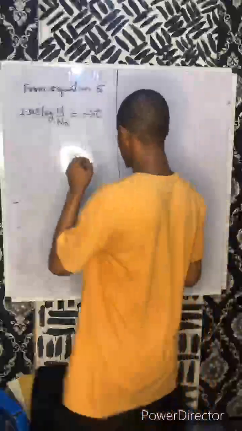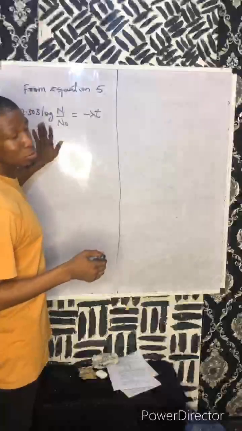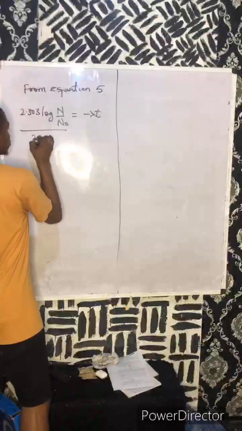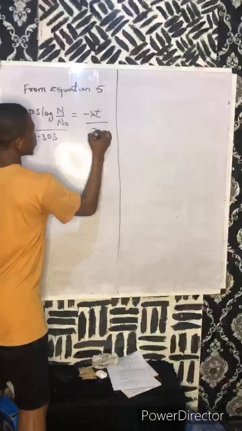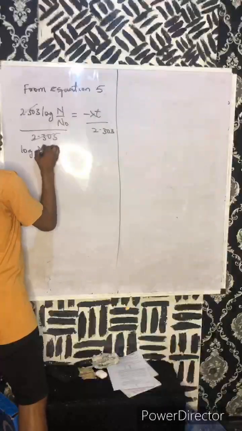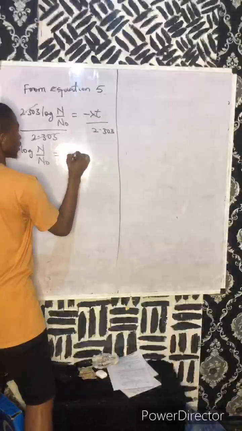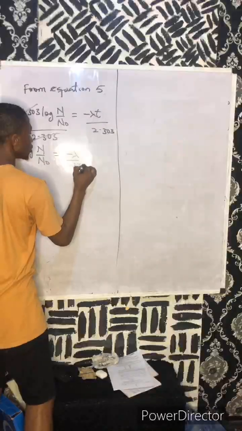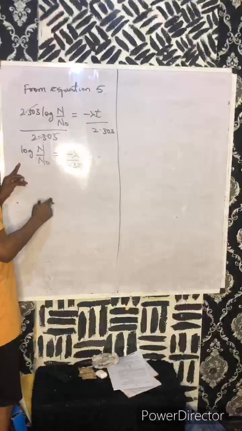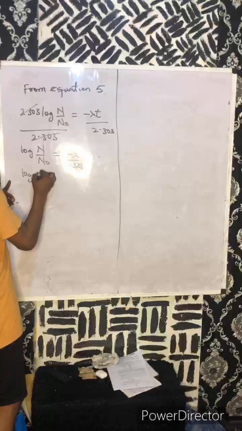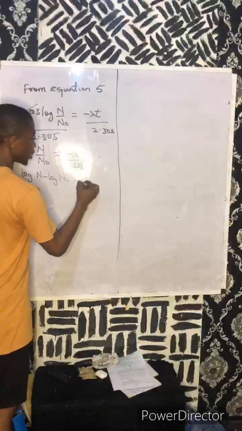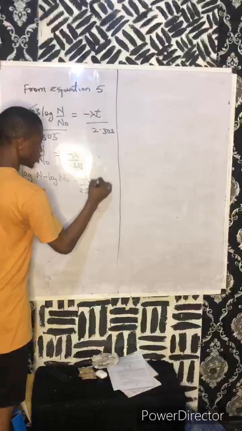If you look closely, if I divide both sides by 2.303, I would have log n over n naught equals minus lambda over 2.303 t, right? Now I can write this log n over n naught as log n minus log n naught, which will be equal to minus lambda over 2.303 t.